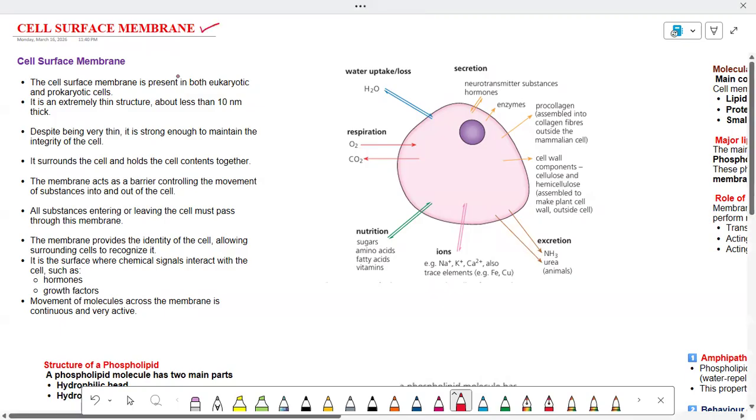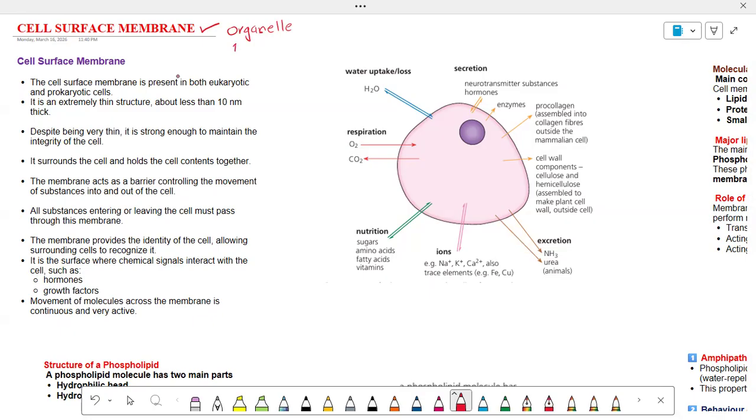Okay, before going to our main topic, first I want to describe the concept of organelle. What is an organelle? Organelles are subcellular structures in the cell that perform specific functions.